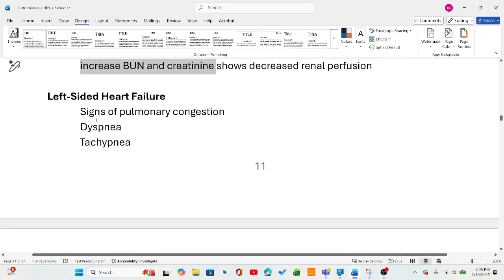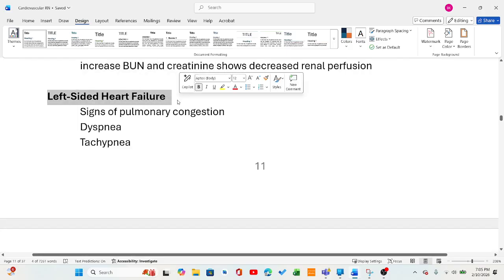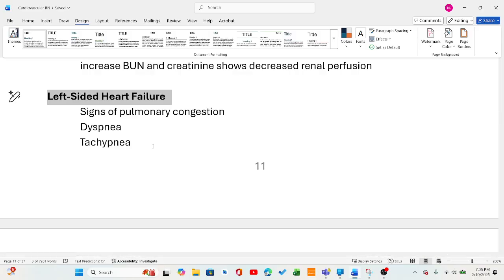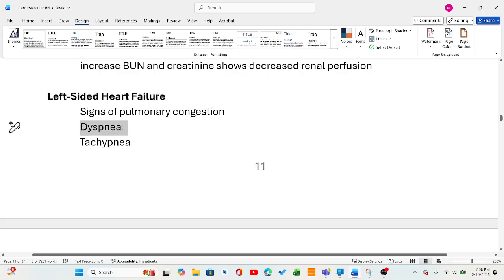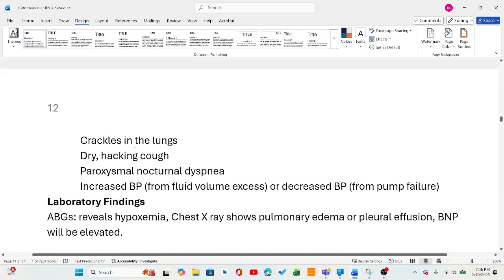On the other hand, when we have a left-sided heart failure, the left side receives blood from the lungs. So if the left side fails, it means that the congestion is going to be in the lungs, so the person will show respiratory symptoms. This time around, the edema is going to be in the lungs. What are the symptoms? Dyspnea, difficulty breathing, an increase in the respiratory rate, and crackles.